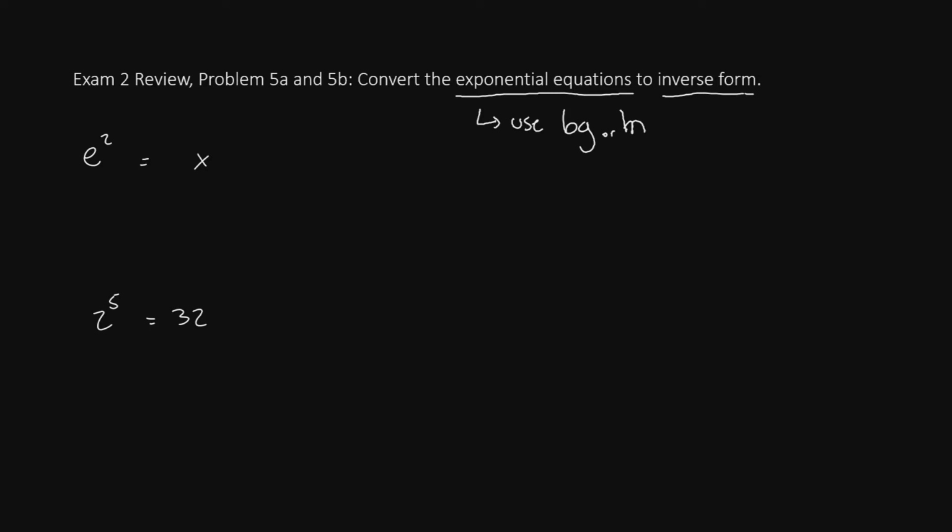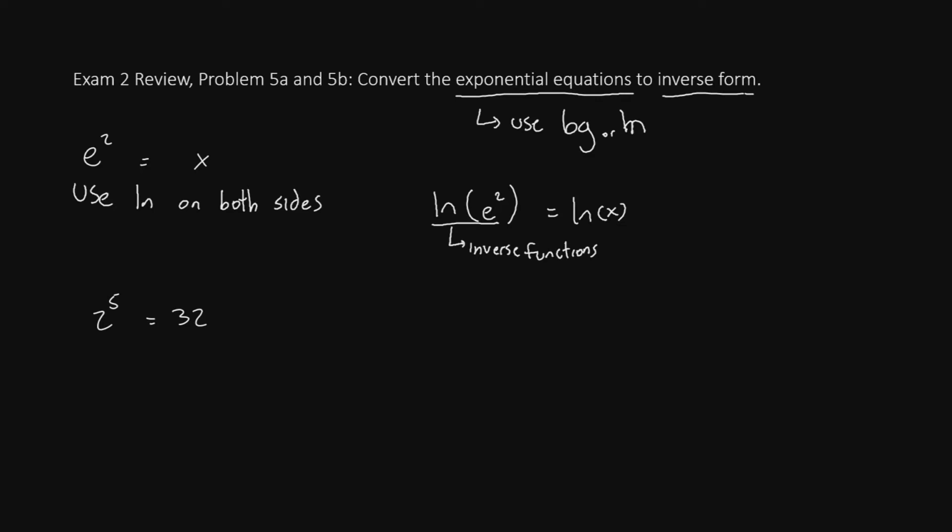Now, if you have base e underneath a number or something else, that's the time to use ln, and we're going to use it on both sides. So we'll have ln of e squared equals ln of x. Now, the ln and the e are two things that we call inverse functions.